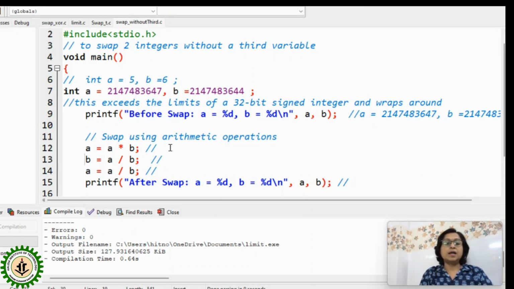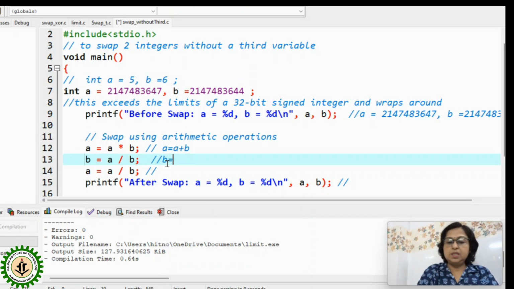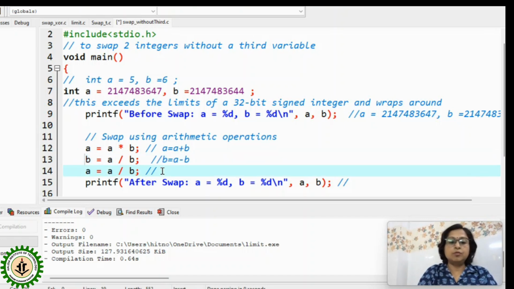As you can see, another one I did not say, we can do it like this also: A equals A plus B, B equals A minus B. This is for your homework, you can just check. Again, A equals A minus B. Both the operators will work.